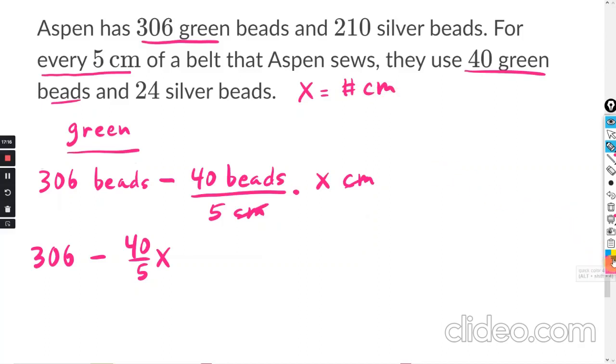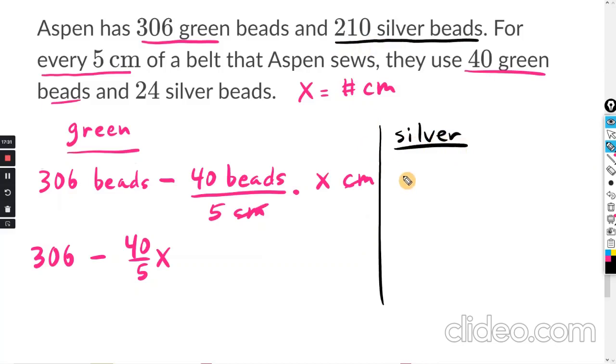Now, for the silver ones, we're going to start with 210, and we're going to lose 24 for every 5 centimeters. So over here it was 40 over 5, now it's going to be 24 over 5.